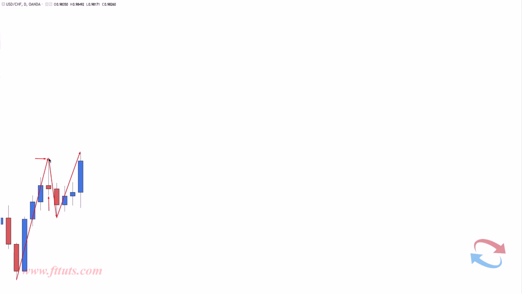It just has to create a high, and then the sequence has to be a bearish candle and then a bullish candle that makes a new high, either a wick high or a close higher than this previous high. Regardless of whether the swing candle is bullish or bearish, it's not that significant. We just need to see a bullish candle that closes above.